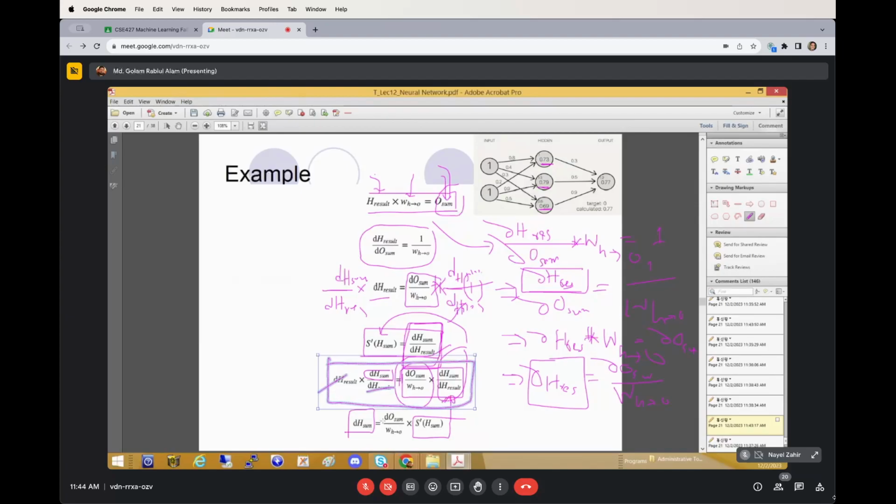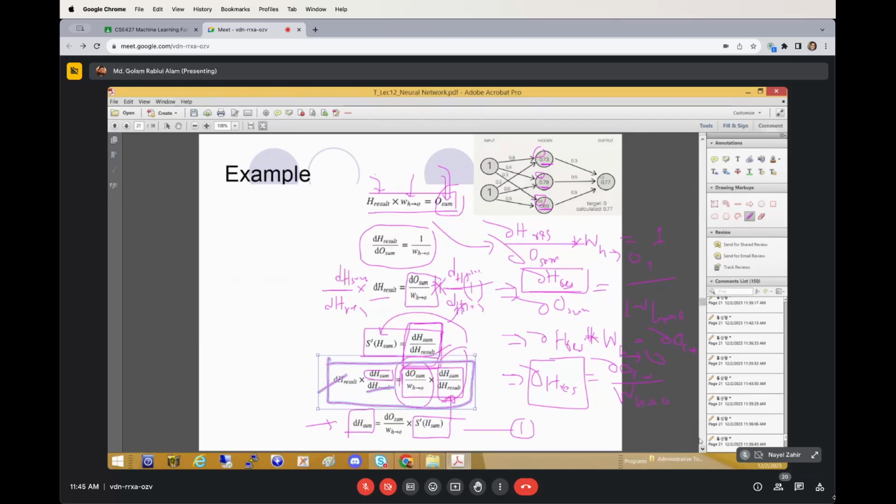Using this equation, we can find out delta of hidden sum, that is the rate of change of our hidden sum. So this is called delta hidden sum. Here there is the derivative of the sigmoid of the hidden sum, so we can apply this to find out the delta hidden sum.